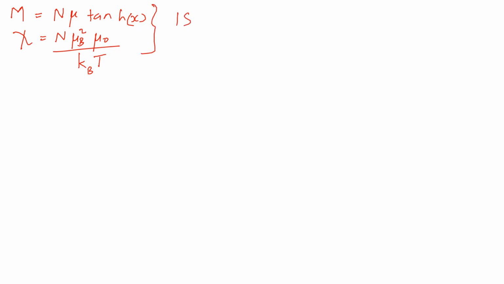We have the expression for magnetization M equal to N mu tanh x, and the susceptibility chi equal to N mu_B, the Bohr magneton, squared, mu_0, the permeability, divided by k_B T. This we derived for 1s electrons, which have an mj value of plus or minus half and a j value of half.